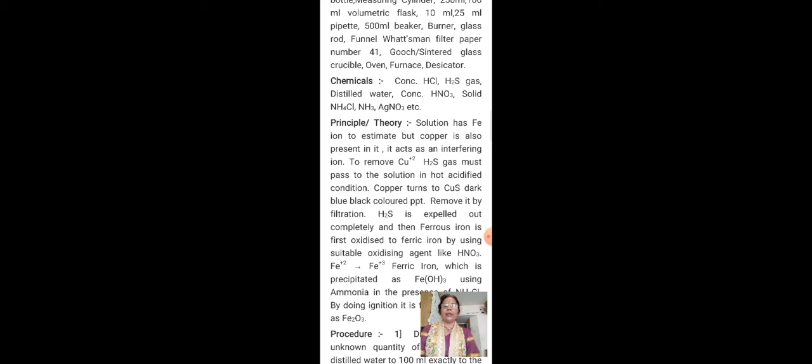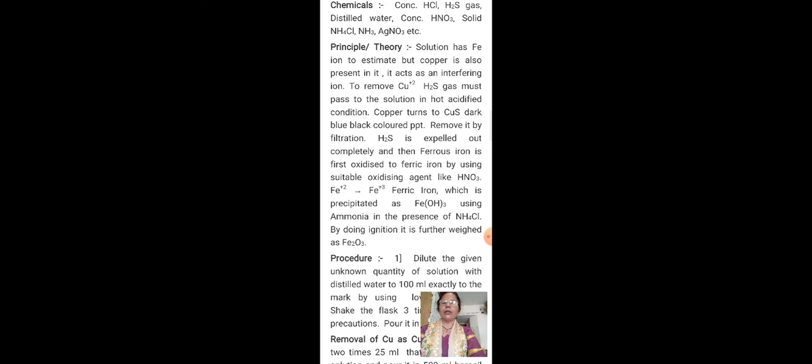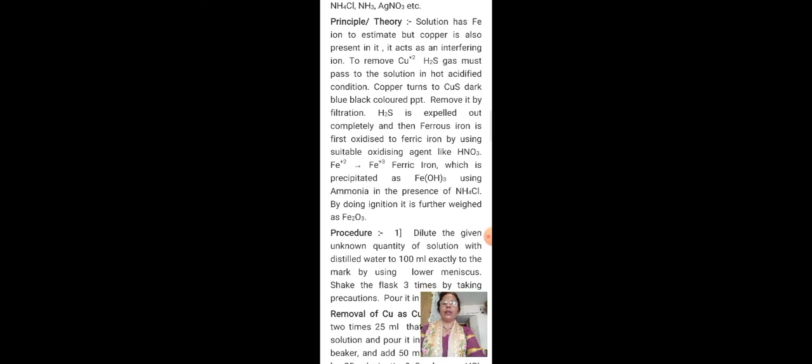H2S is expelled out completely, and then ferrous iron is first oxidized to ferric iron by using a suitable oxidizing agent like HNO3, that is nitric acid. So Fe2+, ferrous, turns into Fe3+, ferric iron, which is precipitated as Fe(OH)3 using ammonia in the presence of ammonium chloride.